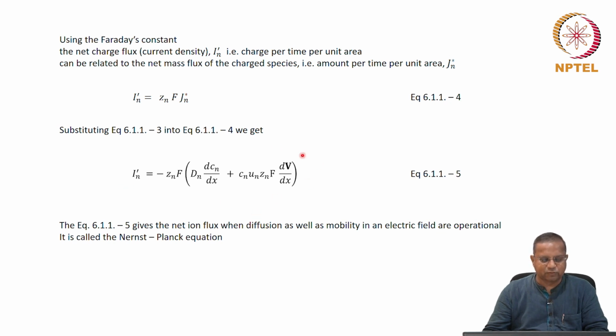And this equation, which gives us the net ion flux under these conditions, when diffusion and mobility in an electric field are operational, is called the Nernst-Planck equation. Okay. You may, I'm not very sure whether you have come across this. You would have come across some other equation, which we'll see later. This is called the Nernst-Planck equation.